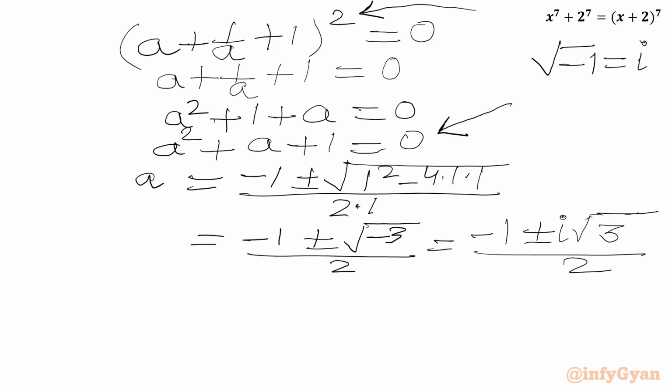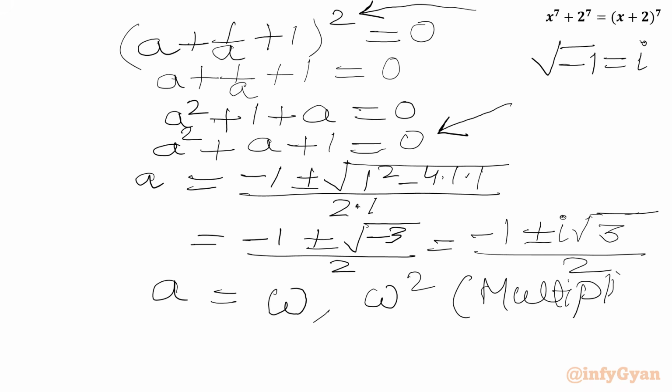So here we are having two roots of the cube root of unity. If I write here, then we can write omega and omega square, cube roots of unity. So multiplicity is 2.